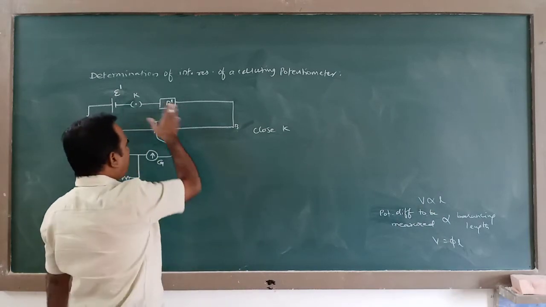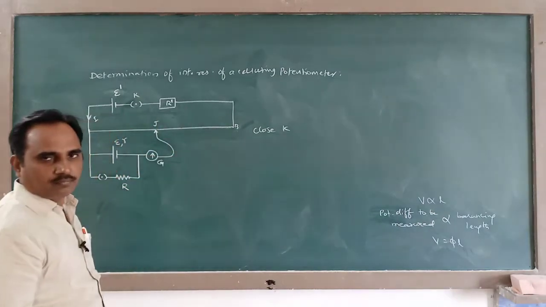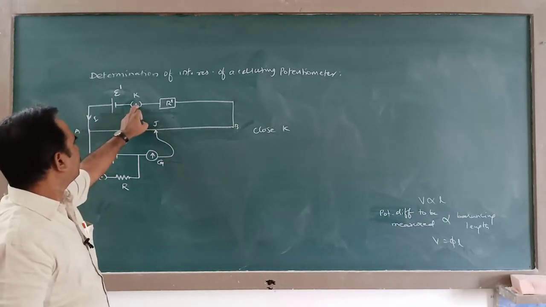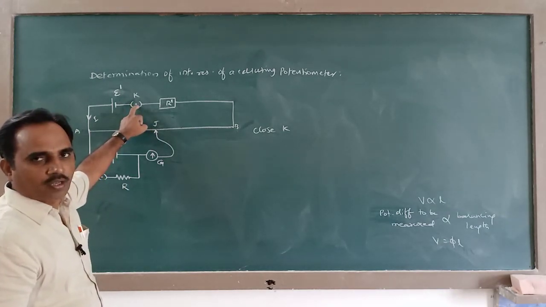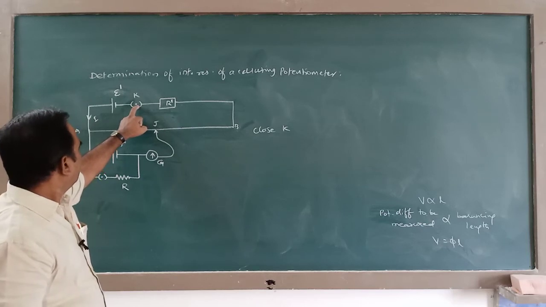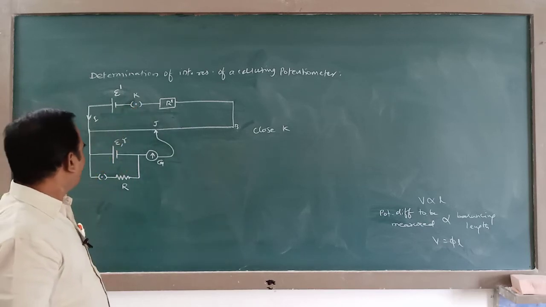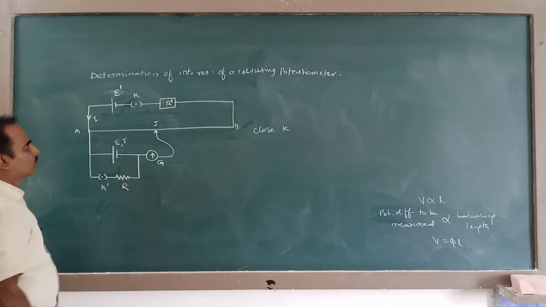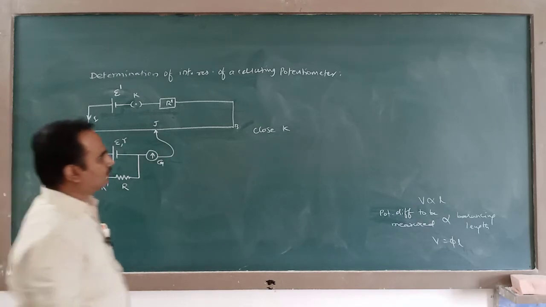So first you make the connections as shown in the circuit diagram. You close this key K. Next you open this key K dash.